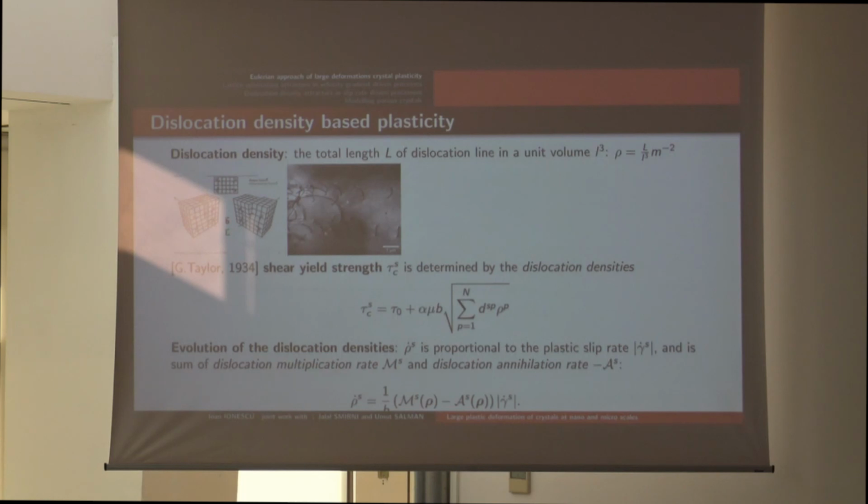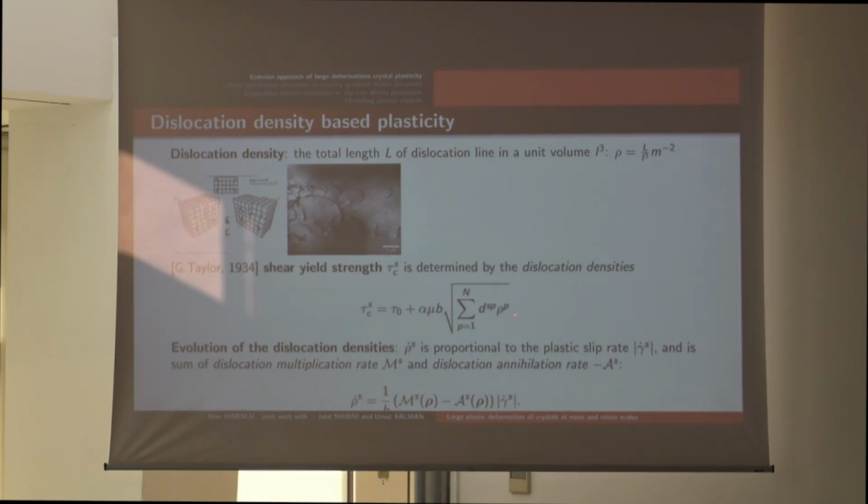It means that at the end of the day, we have a model constructed on the decomposition of the strain rate onto the slip systems. On each slip system, we have an energy related to the shear yield stress, and this shear yield stress can be constant or not.